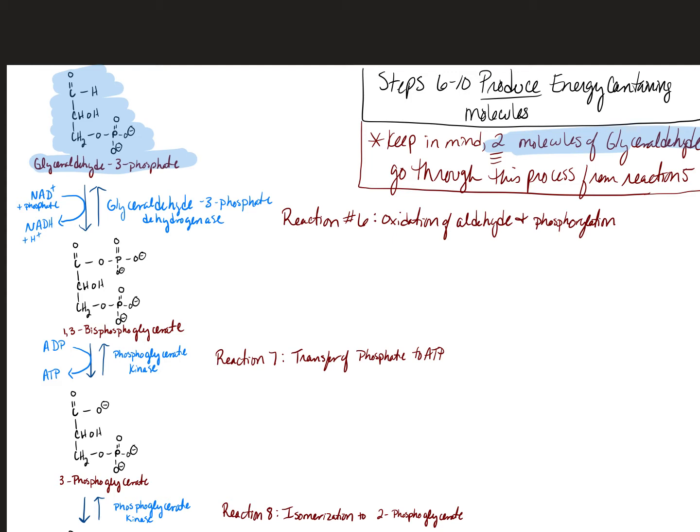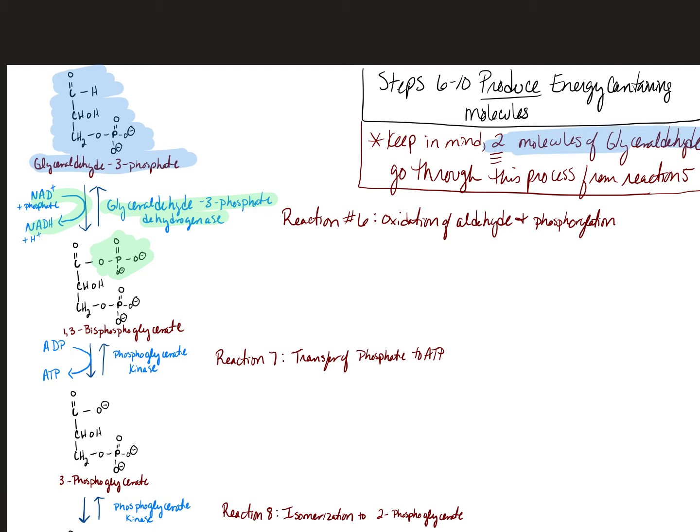So here's where we start to use NAD and produce NADH in this reaction, okay? This is going to use an enzyme called glyceraldehyde 3-phosphate dehydrogenase. And what this guy does is he adds another phosphate right up here, okay?